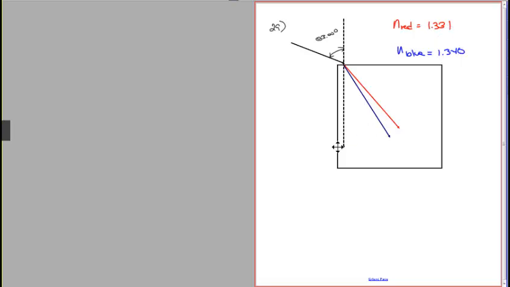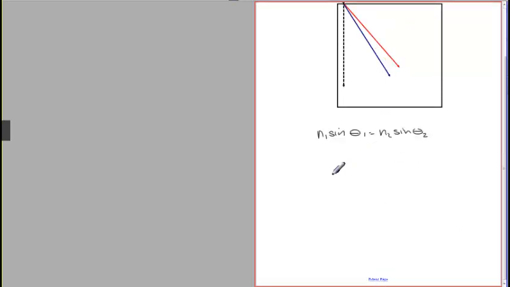And because it's refraction, you use Snell's law, which basically says that N1 sine of theta 1 equals N2 sine of theta 2. And we're assuming N1 is equal to 1, even though air is not exactly equal to 1, but it's close enough given the accuracy of the other numbers.